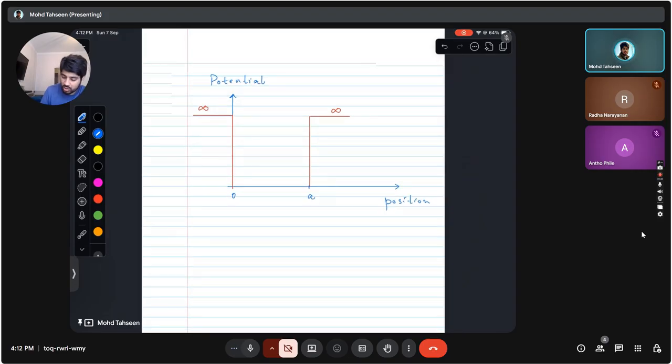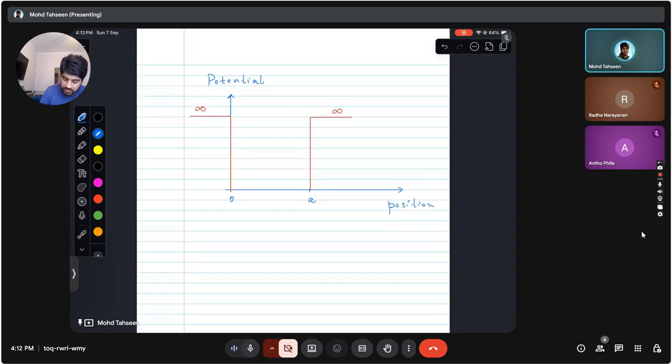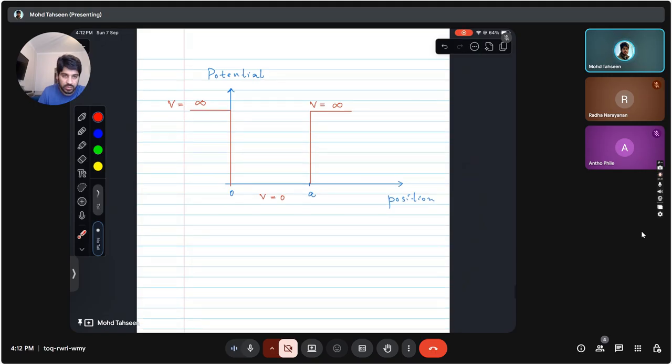So now I solve my Schrodinger's equation for this case, and I assume that V is 0 here. Inside this region potential is 0, and outside it is infinite. What this means is that the electron can be present anywhere inside this region. There is no preference in terms of it being present at one location or another.